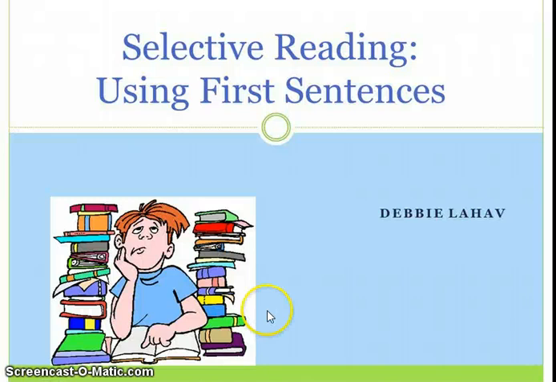Hi everyone! Today we're going to look at what I call selective reading and how we can use first sentences to help us get a general or global understanding of the text. When texts are very long, sometimes 5, 10, 15, 20, 30 pages, it's very difficult to sit down and read the text from beginning to end.